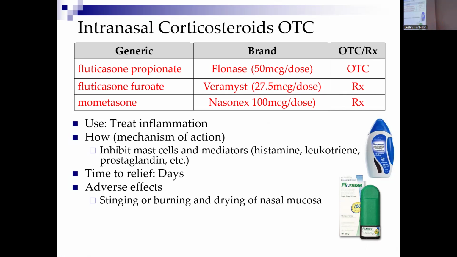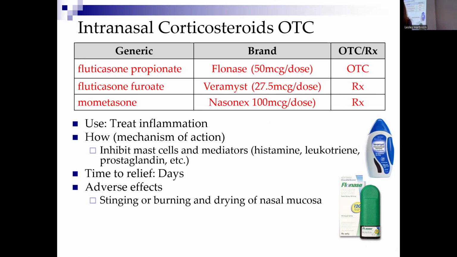Time to relief is not instant. It takes a couple days. And there can be stinging, burning, and dryness of the nasal mucosa. You can see that they're similar: there's fluticasone propionate and then fluticasone furoate.